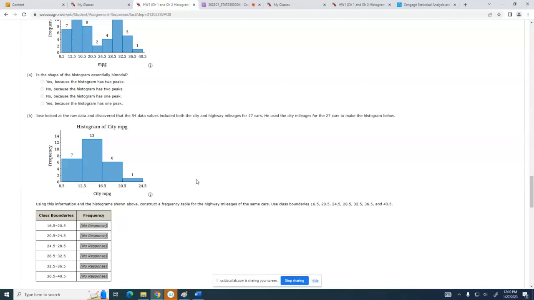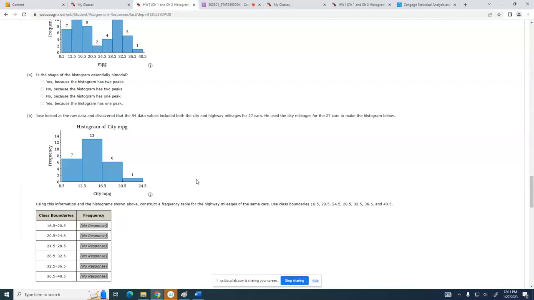See, 20.5 to 24.5 actually has 2 cases. One was from the city, and the other from the highway. So we plug in here, how many? Only 1 from the highway, and the other one from the city.